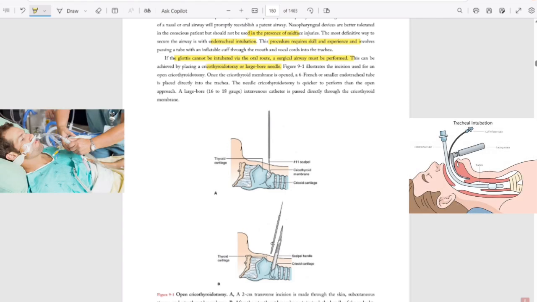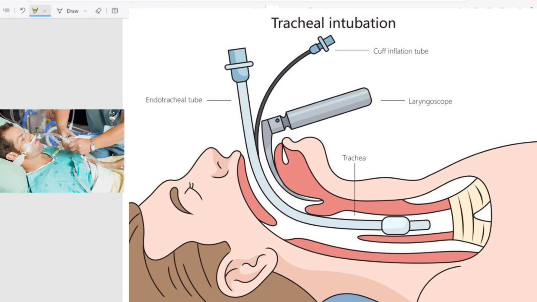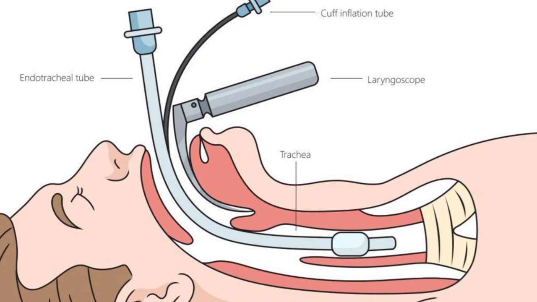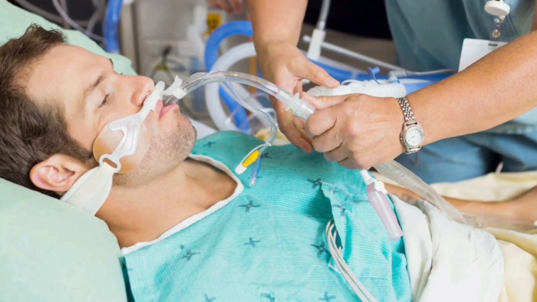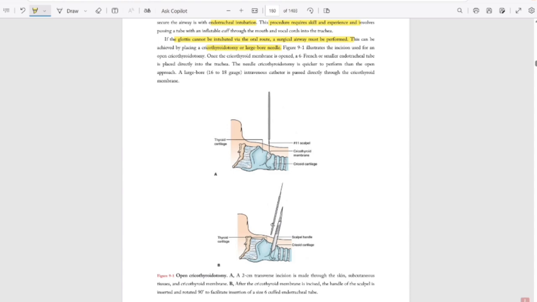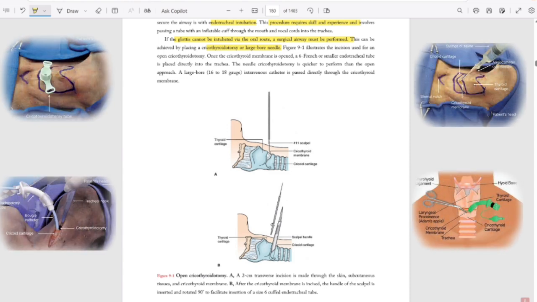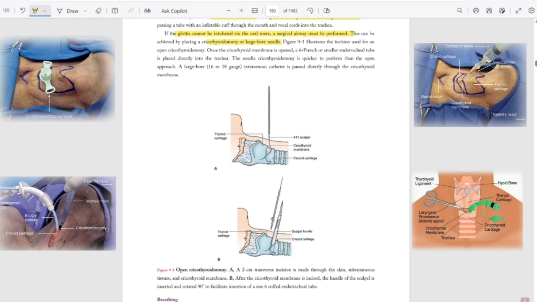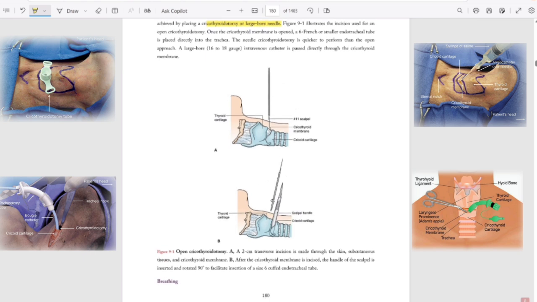This procedure requires skill and experience and involves passing a tube with an inflatable cuff through the mouth and vocal cords into the trachea. If the glottis cannot be intubated via the oral route, a surgical airway must be performed. This can be achieved by placing a cricothyroidotomy or large bore needle. This figure illustrates the incision used for an open cricothyroidotomy.